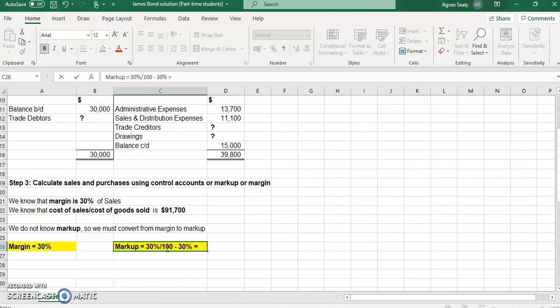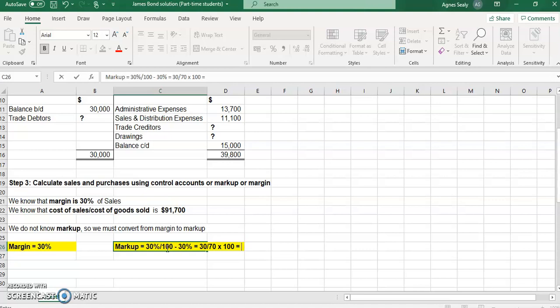Therefore, our markup will be 30 over 70, and then that is multiplied by 100. Let's see what our markup is. 30 divided by 70 multiplied by 100. Our markup has a lot of decimals behind it: 42.857142286%.